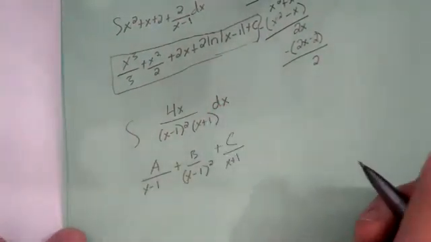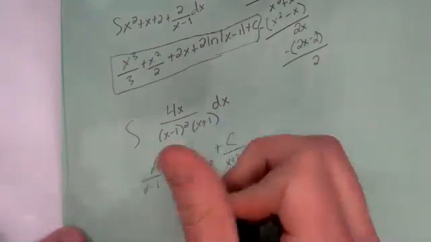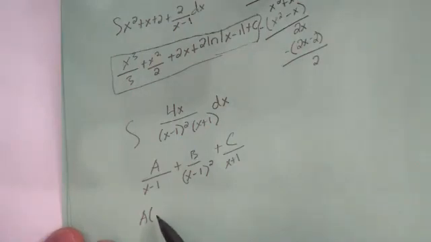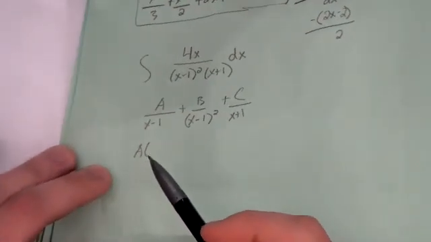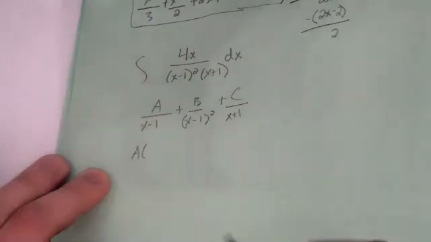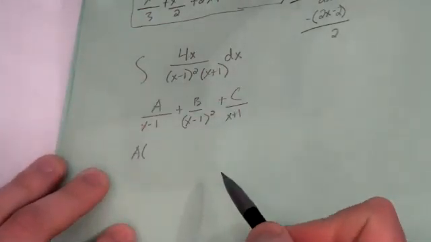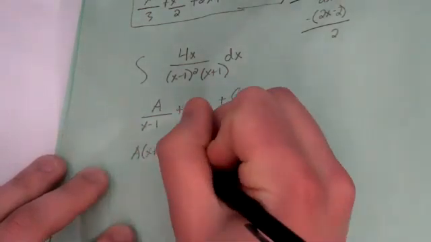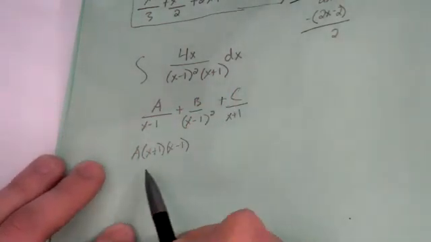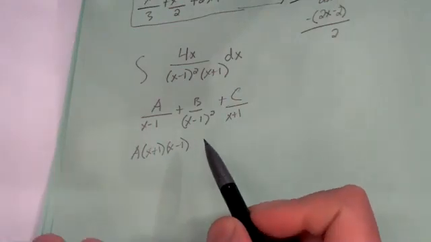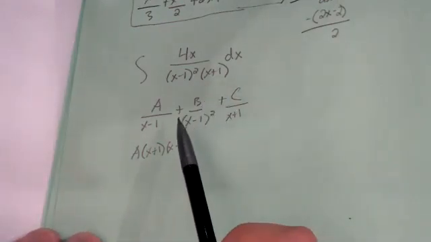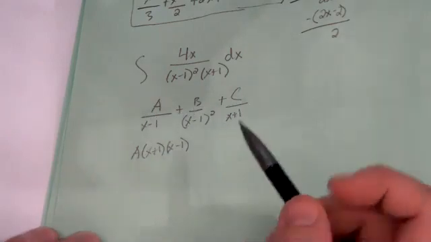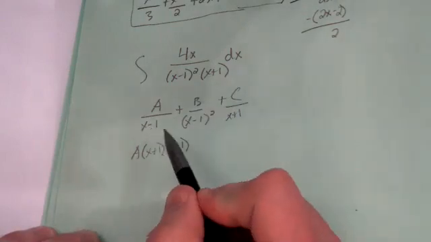So next step is we take our a, and then we do a times, scoot up a little bit. I don't know why I'm always writing off to the side as well. So a times, we need an x plus 1 and one more x minus 1. So how I got this was I need a to be multiplied by everything that is not under here.